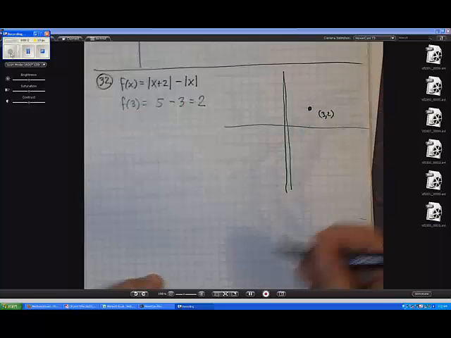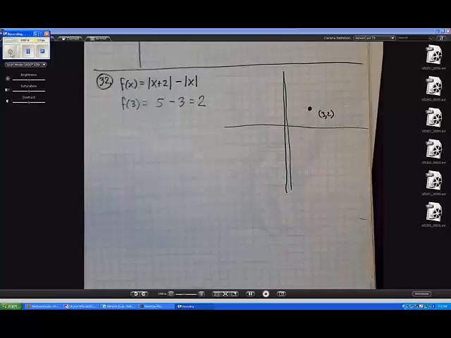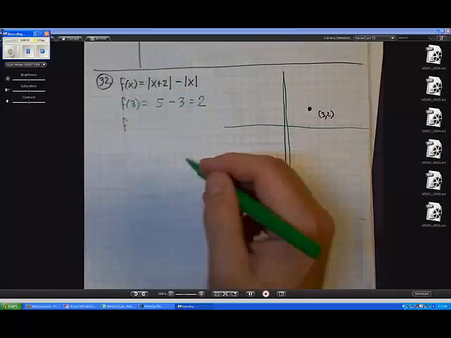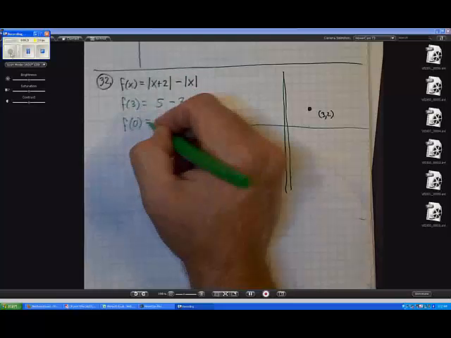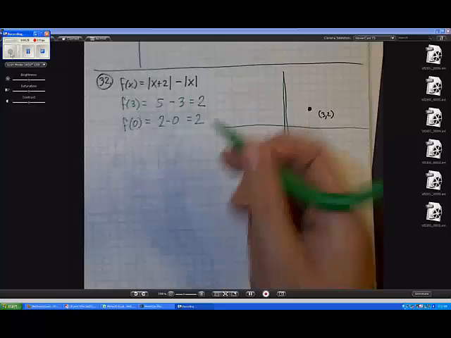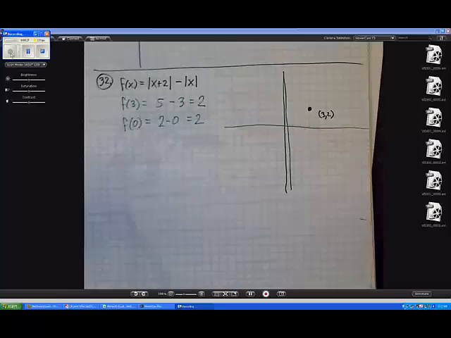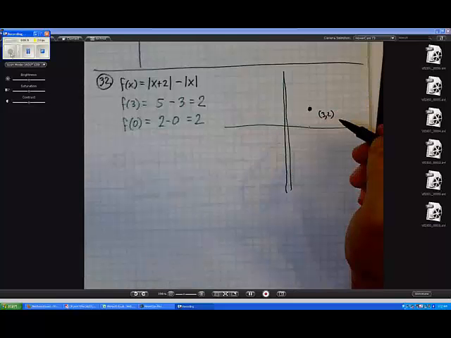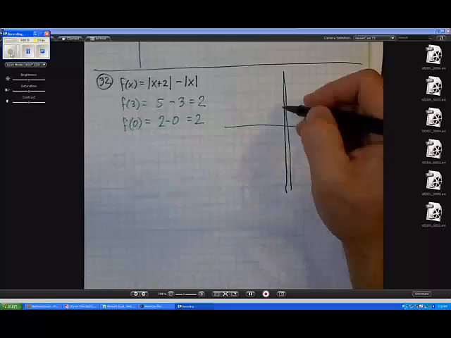All right, let's compute something else. Let's compute something like f of 0. Well, then I get 2 minus 0, and that's 2. Okay. So f of 0 is also 2.